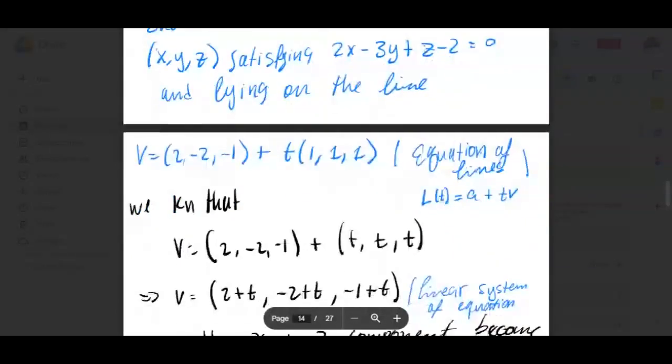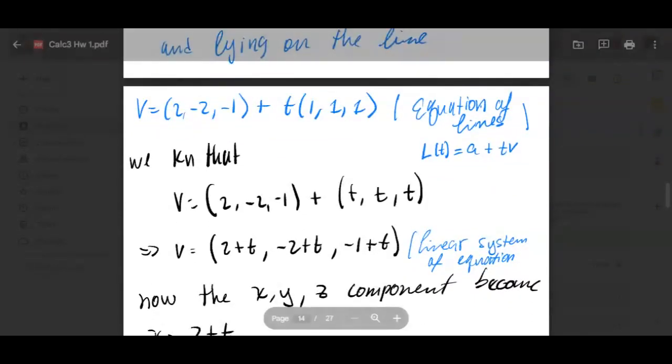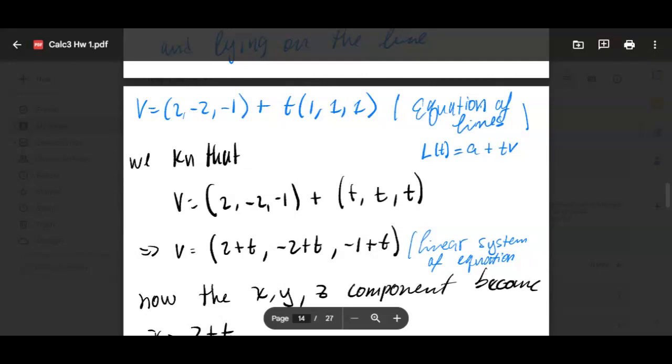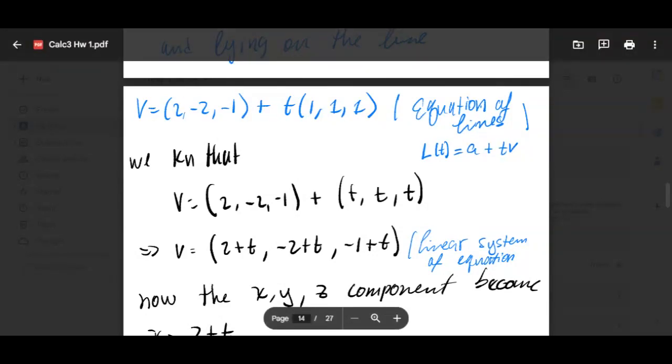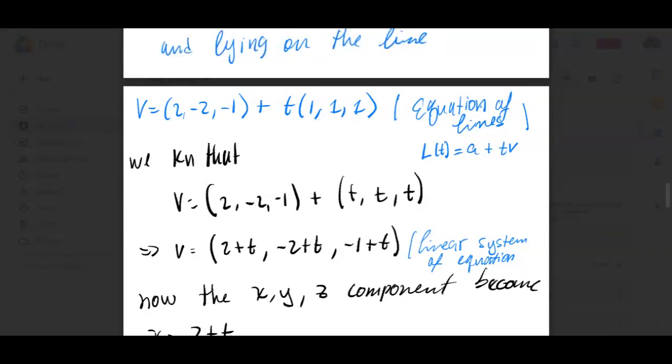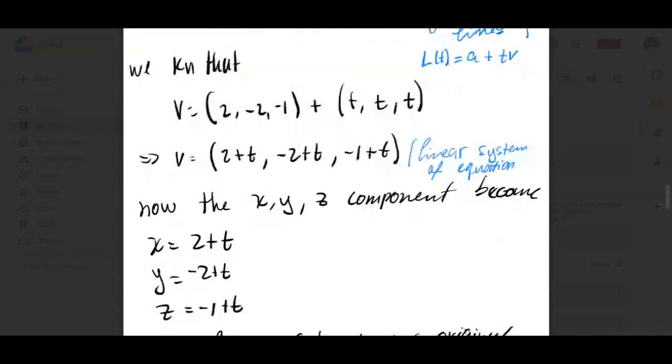If we recall the equation of a line, L(t) equals A plus tV, so we know that we're given these equations right here. So I decided to just distribute the t's, and I'm left with this x, y, and z function.